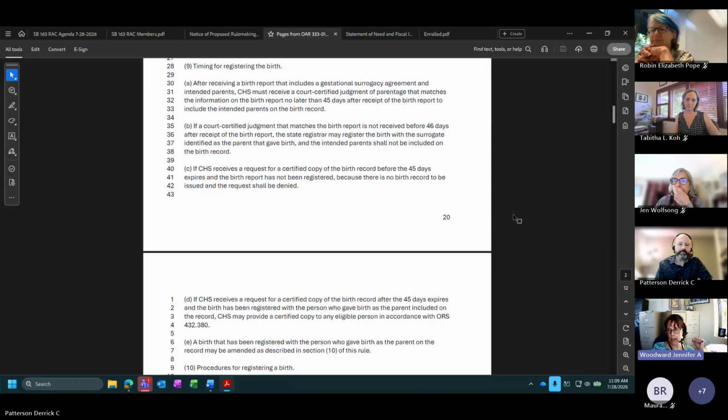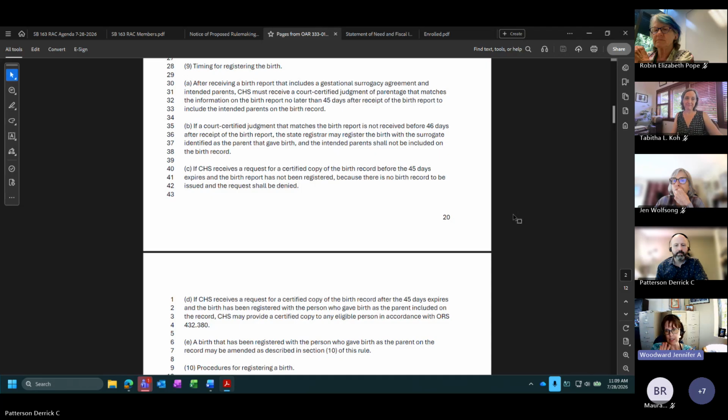I think where we were looking at, and it comes back to what you had, Tabitha, so we'll need to clarify, because this idea of, if we know there's a gestational surrogate at the hospital, but we never receive a judgment or we never receive any documentation, what I heard, Tabitha, is this assumption that the intended parents are, because the gestational surrogate could never be a parent, we would just register the birth without the documentation.